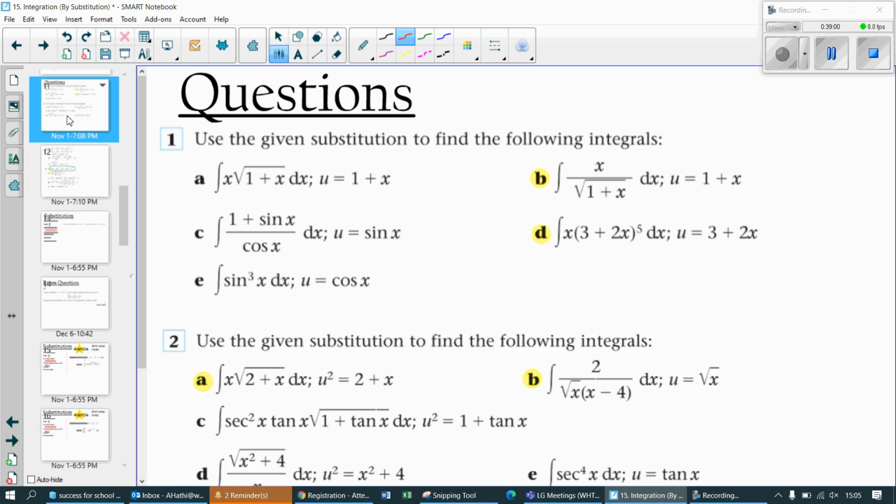Right, so the next one, integral of x over 3 plus 2x to the power of 5. I'll do it over here, x over 3 plus 2x to the 5th power.